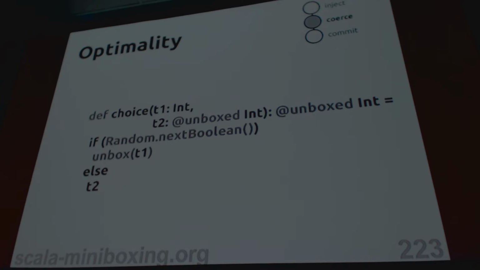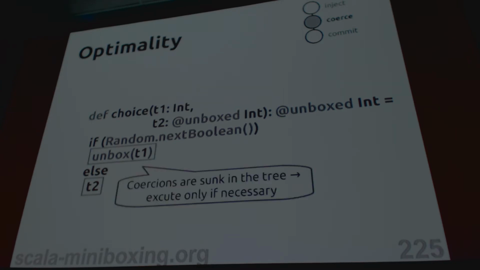The if expression just says anything that I'm constrained to, I constrain my branches. So it's transparent. It just moves the constraints deeper. The fact that we have this means that every time a coercion is inserted, it's inserted as deep as possible in the tree, basically executing it as late as possible, only when it's really necessary.